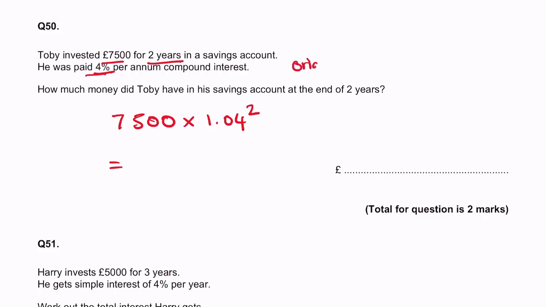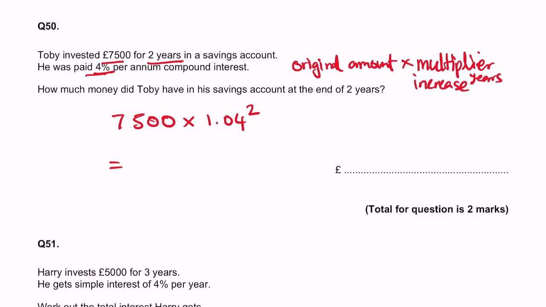So original amount times by multiplier percentage increase to the power of years.